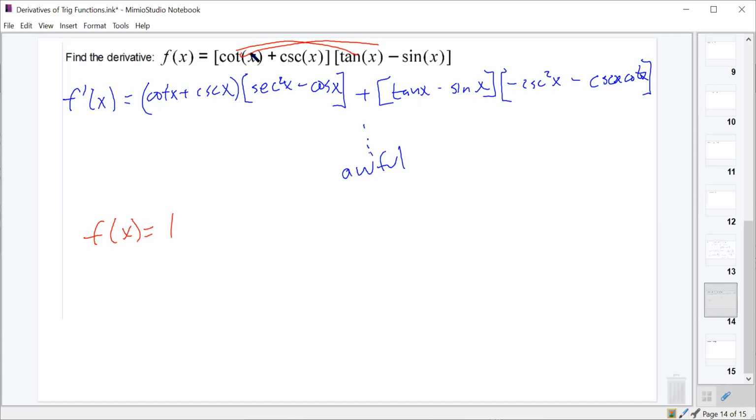What's cotangent times sine? That's cosine over sine times sine, which is just a negative cosine, right? Because it's a negative sine. What about cosecant times tangent?